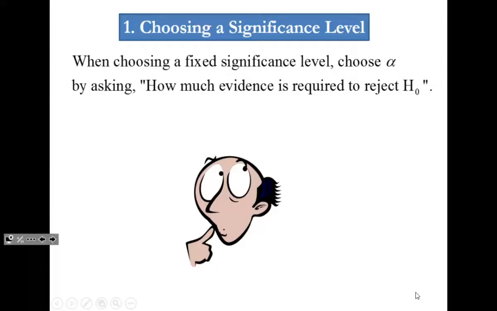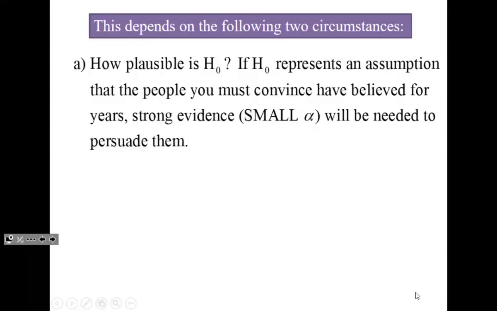But the way we work at this is there are two main things we have to consider when we choose this. The first one is, how plausible is the null hypothesis? If the null hypothesis represents an assumption that people have believed in for a long time, you're going to need strong evidence, which is a small alpha value, to persuade them.